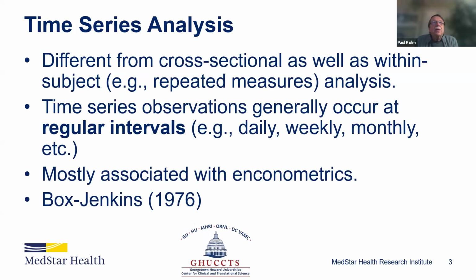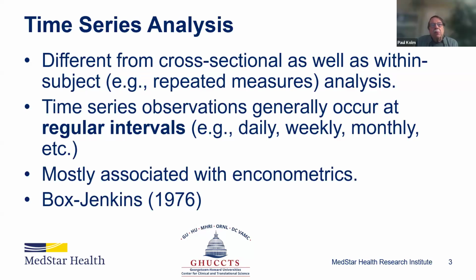So in time series analysis, this is different from the regular regression analyses, cross-sectional or repeated measures. And so usually time series occur at regular intervals, although to do the analysis, it doesn't have to. There are new developments in the software that can account for irregular intervals.